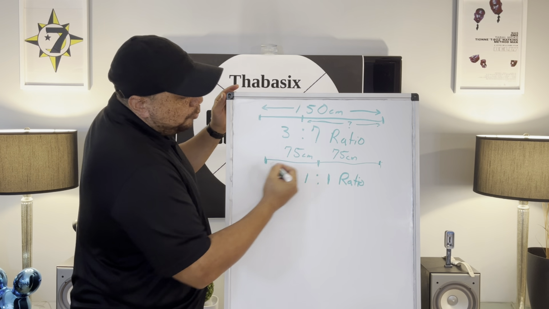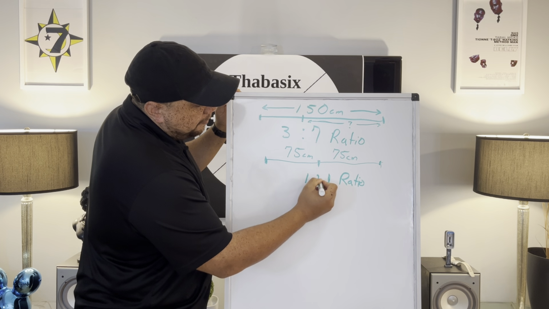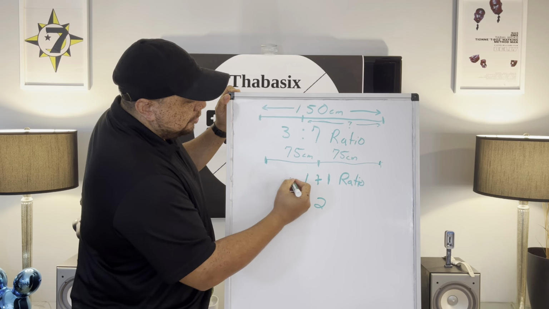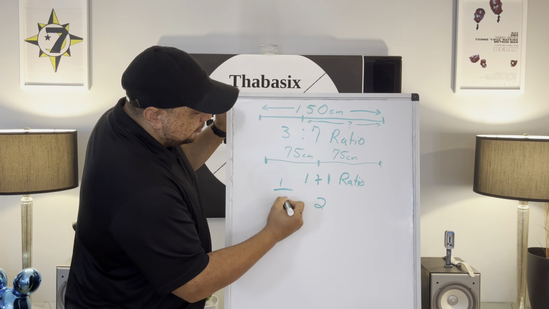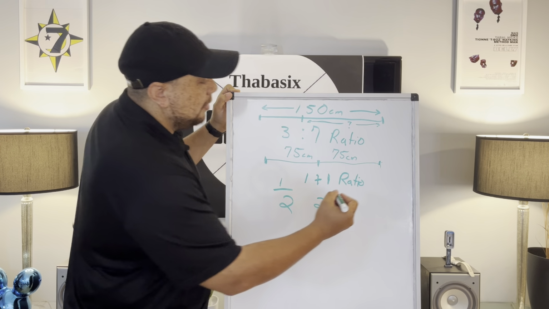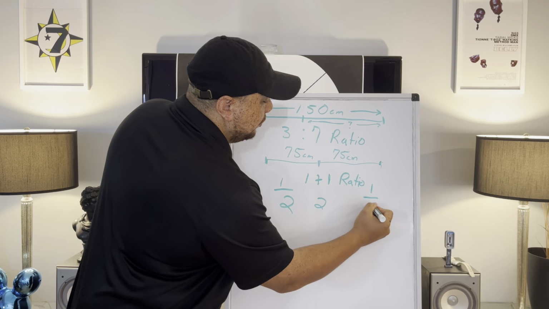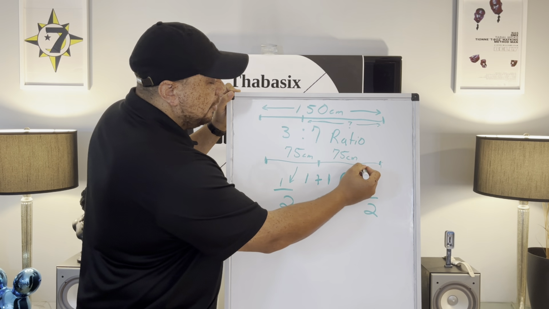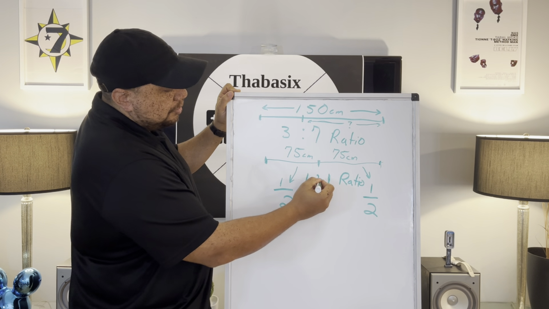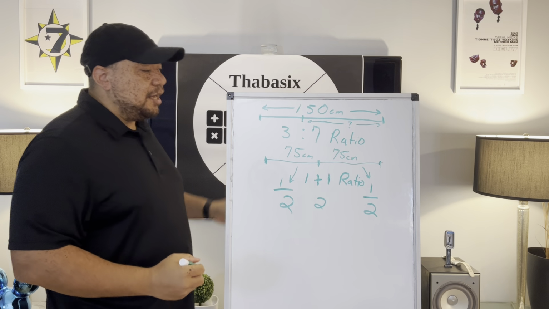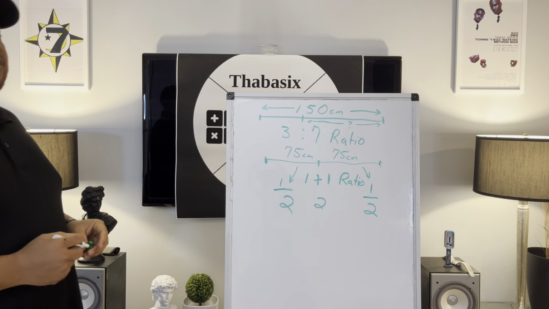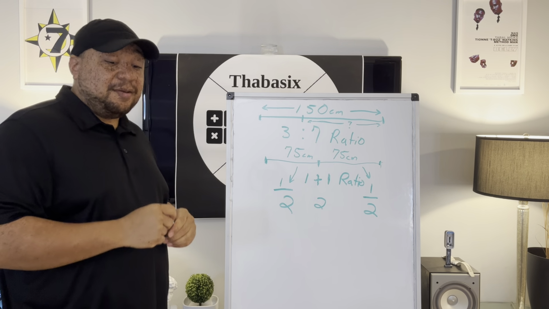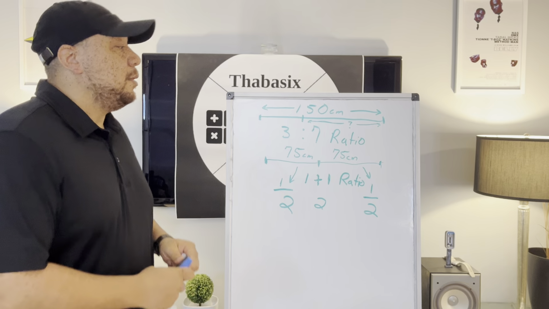The whole piece would be two pieces, so 1 + 1 is 2. So you put 1/2, that's how you get half, and the same with this, 1/2. This would be half, and this would be the other half. That's a hint of what we're going to do for the 3:7 ratio. You learn it like this, you'll never have a problem with ratios again.